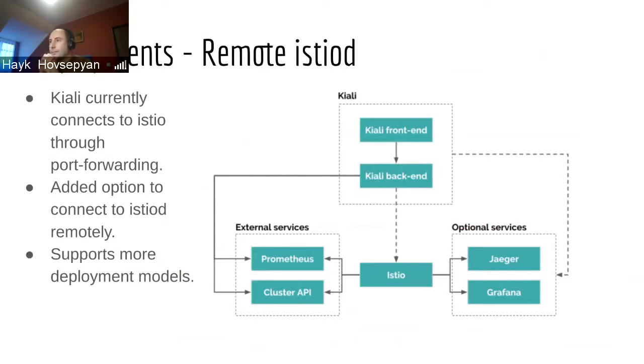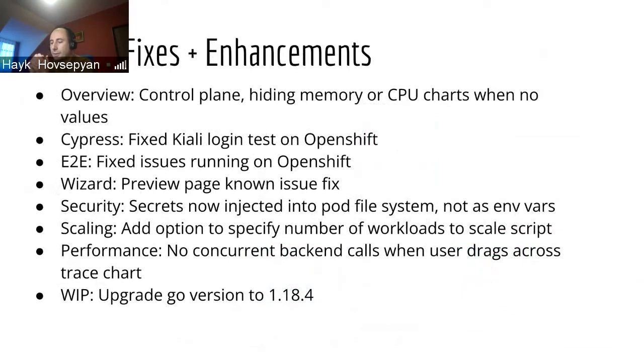Thank you, Nick. During this sprint, the team also worked on several other items. On the overview page, the control plane card is now hiding memory or CPU charts when there is no data to show. And we had fixes on the Cypress testing.